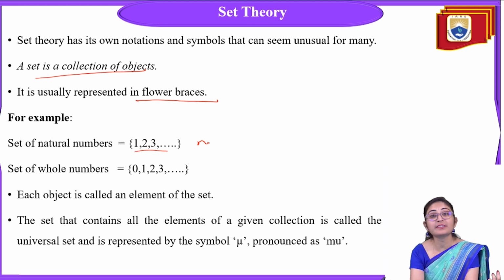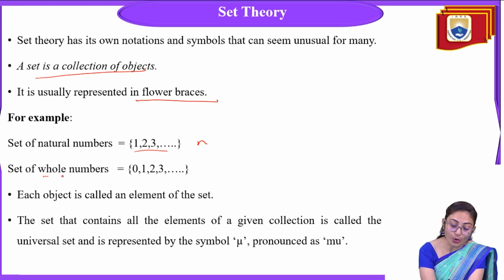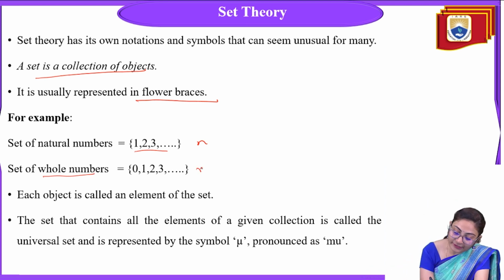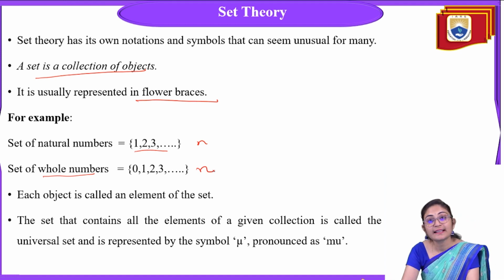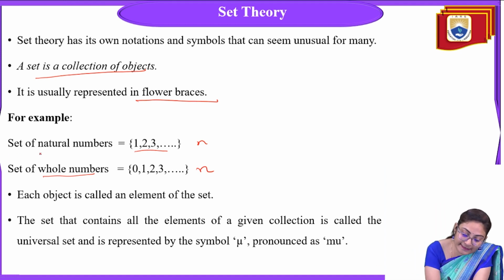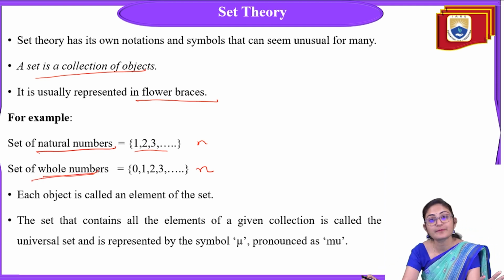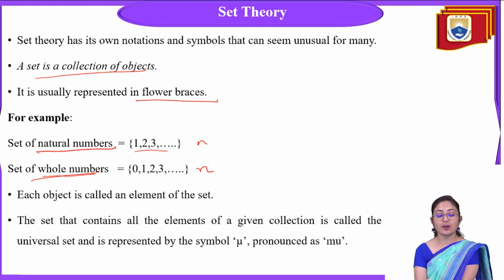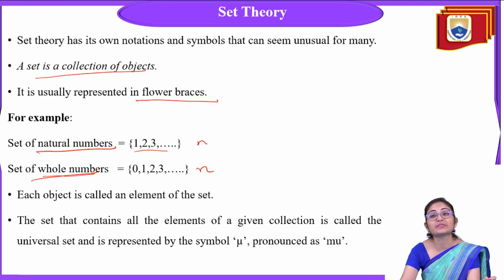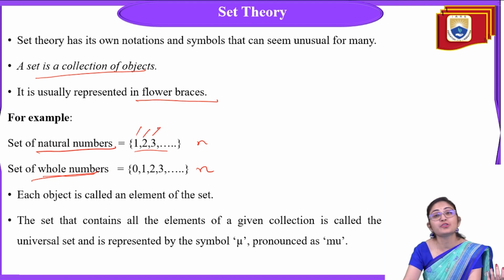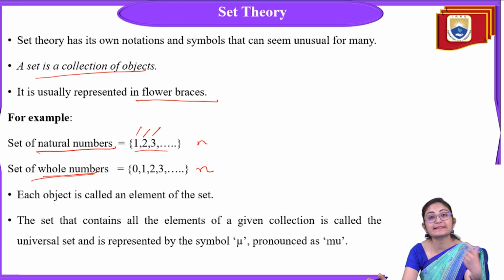Then another example is whole numbers. Whole numbers start with 0 and end at n. These are the set of natural numbers and the set of whole numbers. Each object is called an element of the set, so these numbers are the elements present in your set.